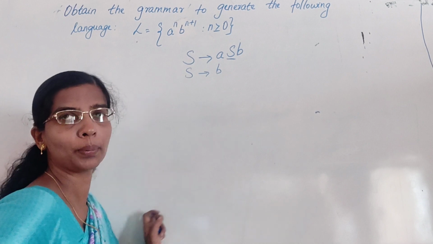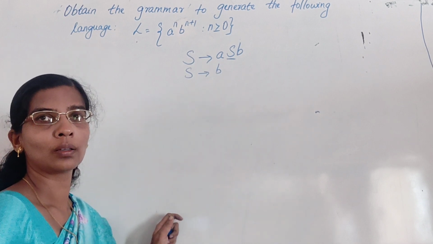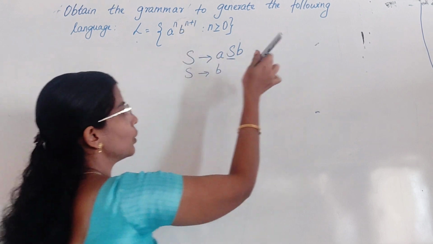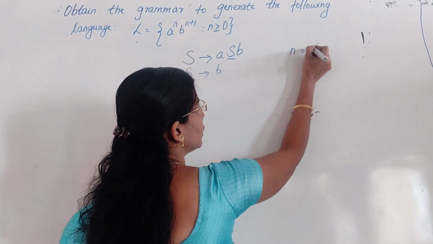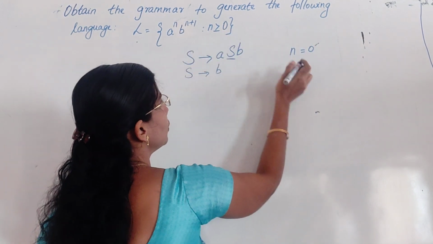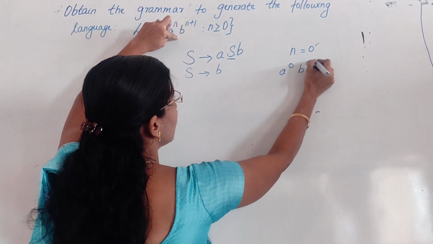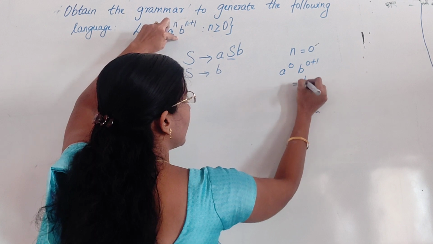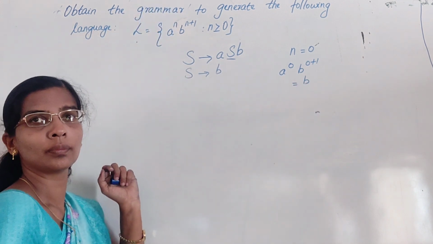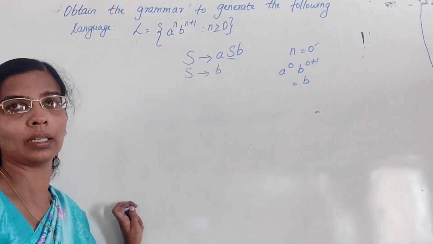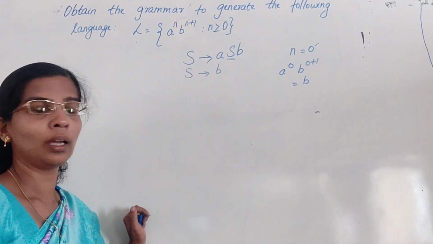With the B. Right? So why do I use this B? You can check. If n is equal to 0, I take the minimum value. Substitute here: A^0 B^(0+1). What will I get? I get a B. Right? So I should stop with B. S tends to B. Right?